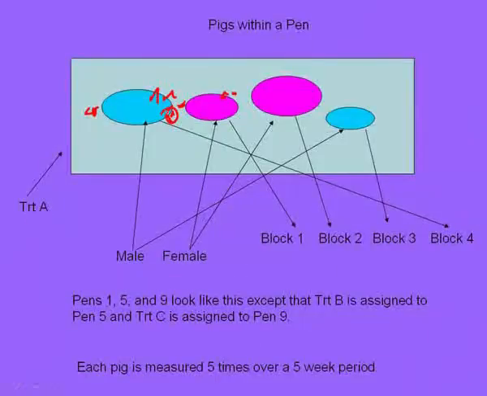And the pink ones are females. And we have 4 blocks of pigs occurring in this pen. This is the pen, say, that got treatment A. Then pens 1, 5, and 9 look just like this, except that treatment B is assigned to pen 5, treatment C is assigned to pen 9, and then each pig is measured over a 5-week period.